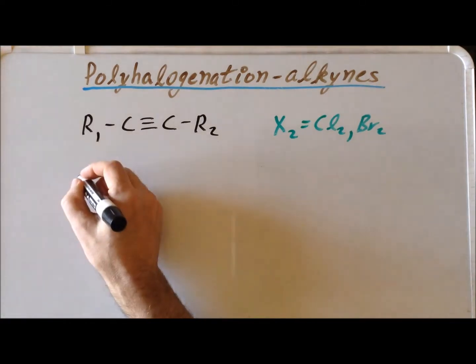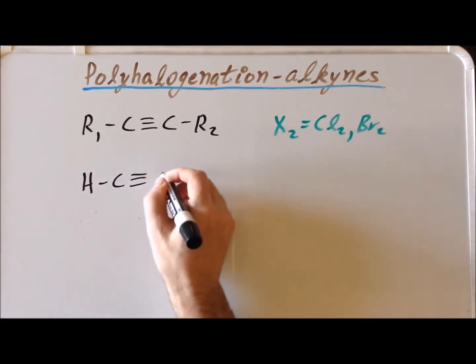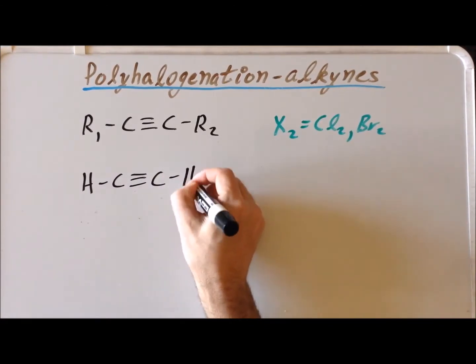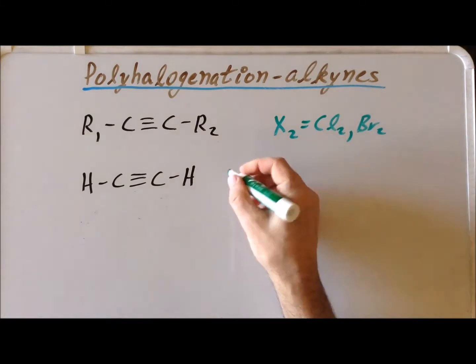Recall that the simplest and most important of the alkynes is acetylene, sometimes known as ethyne. So let's look at the mechanism for the chlorination.